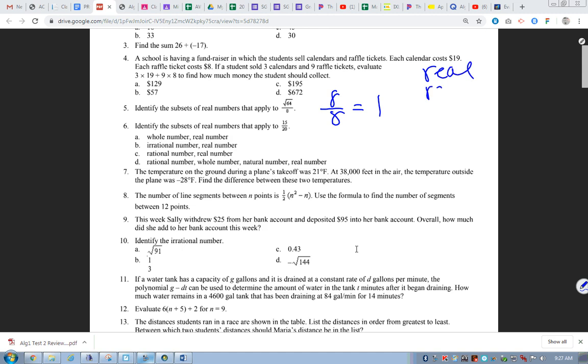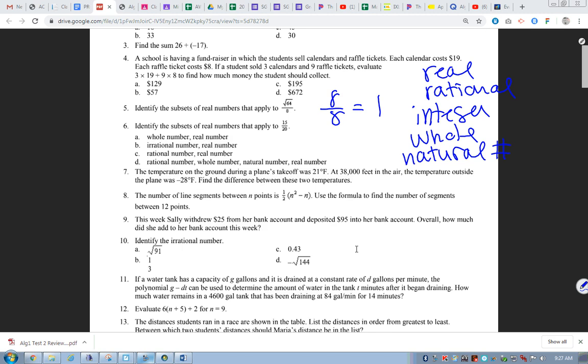It is a rational number, an integer, a whole number, a natural number. It is everything, correct? So it should be real, rational, integer, whole, and natural.